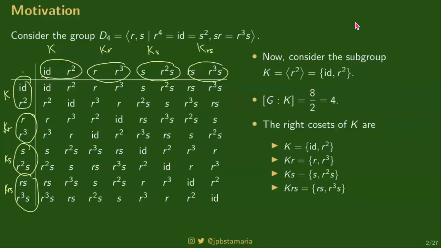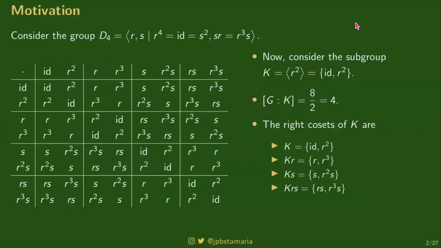Nagkaroon tayo ng 4x4 blockings. Right? Do you see that? Ang nasa iisang block are elements in the same coset. Yun yung rule. Makikita nyo, magkakagrupo yung mga nasa iisang cosets. Nice, no?